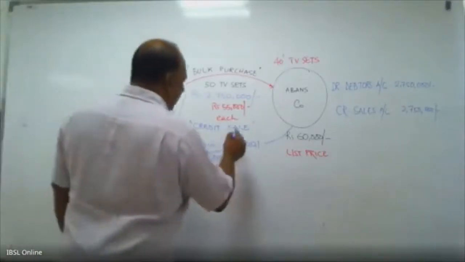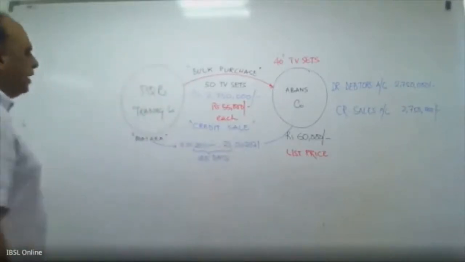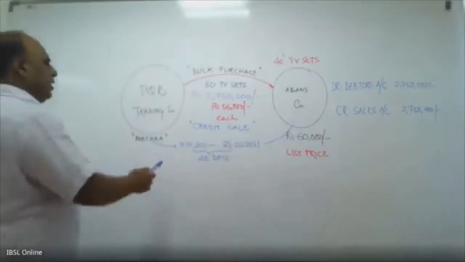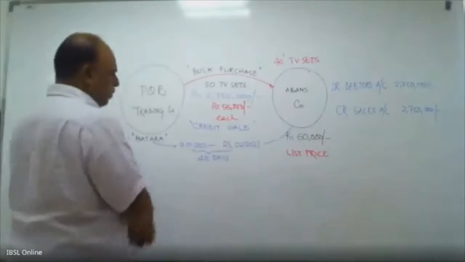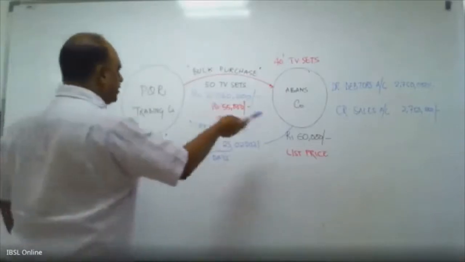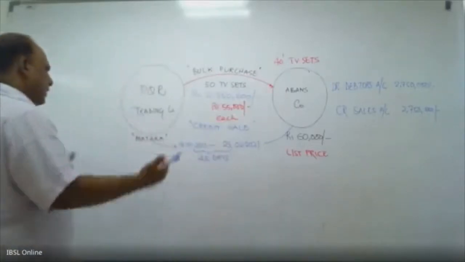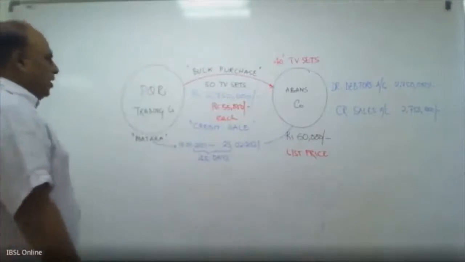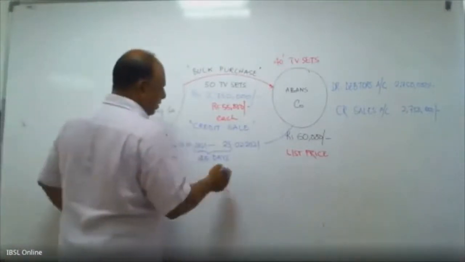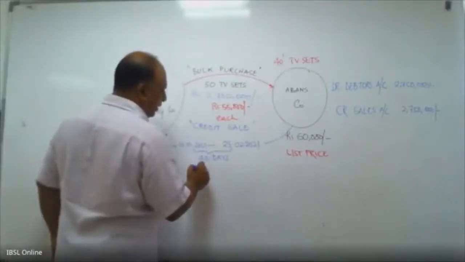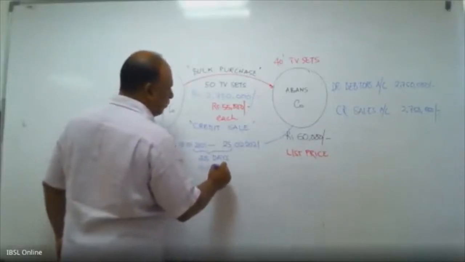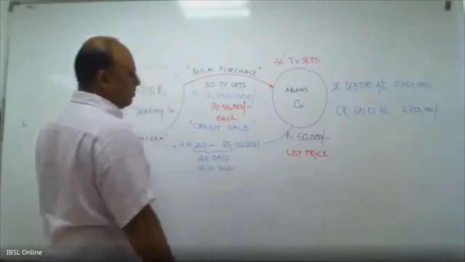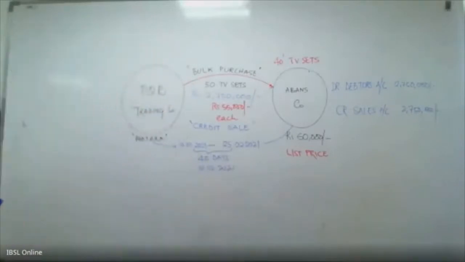Let us assume that January month is done, which means about 20-21 days are gone. You have come to February. So Abans Company is expecting some payment from PQR Trading Company, but nothing is happening. Let's say 10th of February also you have come, but still there is no payment from PQR Trading Company.